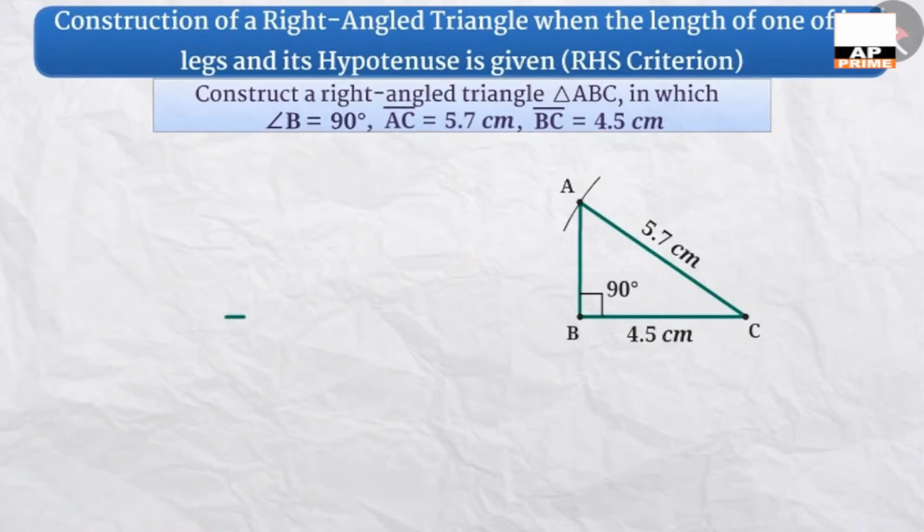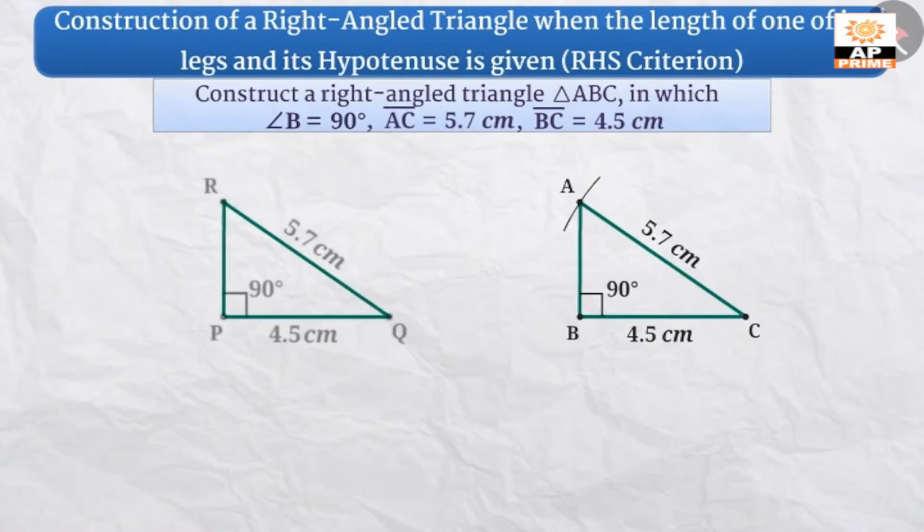Similarly, if we construct a triangle RPQ, in which angle P is equal to angle B is equal to 90 degrees, hypotenuse RQ is equal to AC is equal to 5.7 cm and the side PQ is equal to BC is equal to 4.5 cm, then the obtained triangle RPQ will be congruent to triangle ABC.